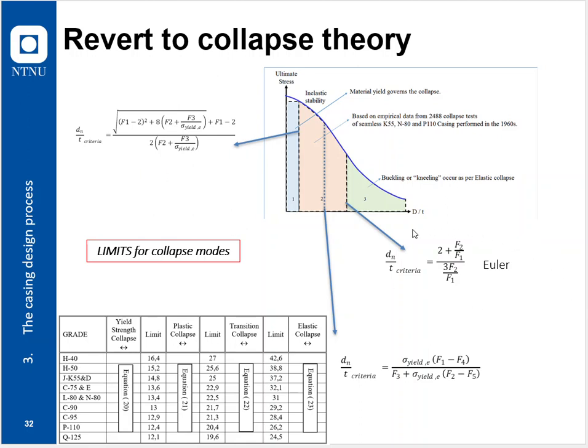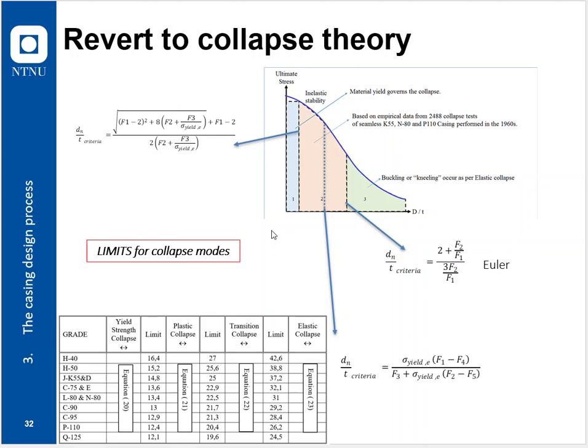What is a little bit okay about this is that these F's, these empirical constants, are listed and easy to deduct, and that comes on the next slide. We punch those in, in addition to the material yield, and we get the limitation.